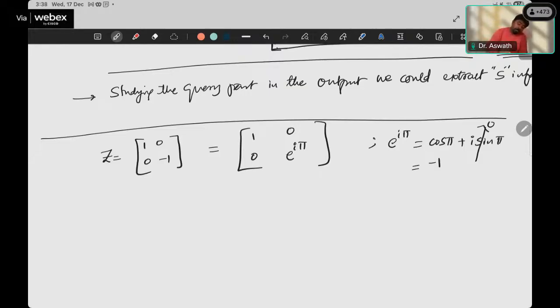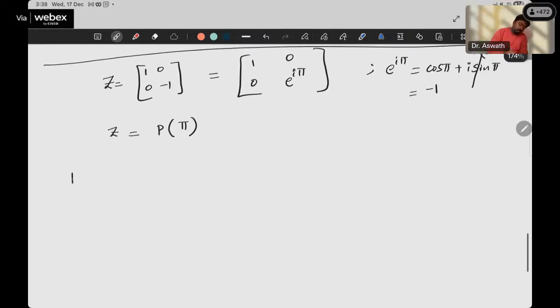So Z is a phase gate of pi angle. Now I want a phase gate of pi by 4 simply, which is [1 0; 0 exponential i pi by 4].